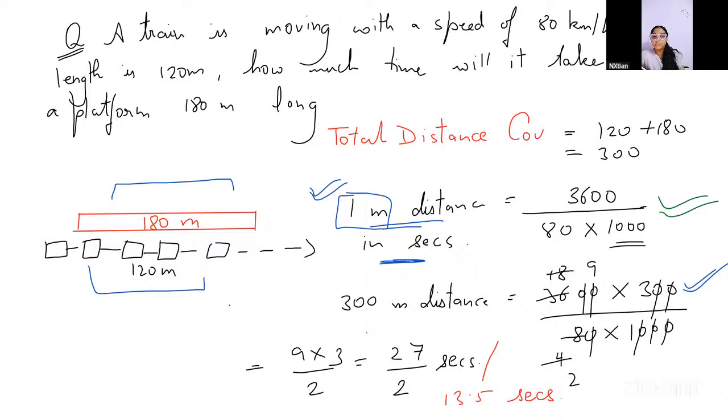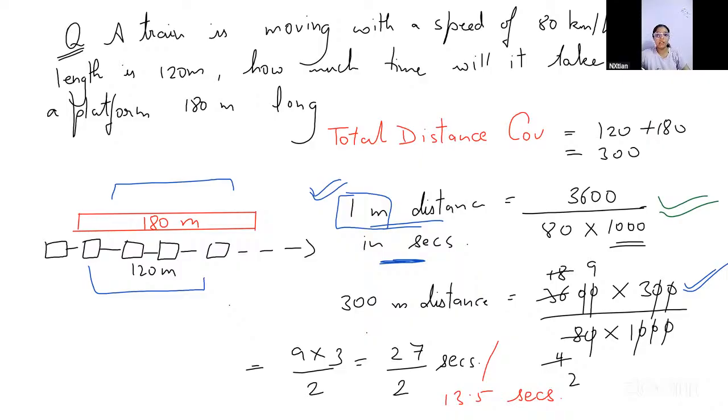Why we multiply by 300 is because we need to find for 300. That is the total distance covered. We have to find for 300 and we have to do the conversion. We are finding for 300 meter in meter per second.